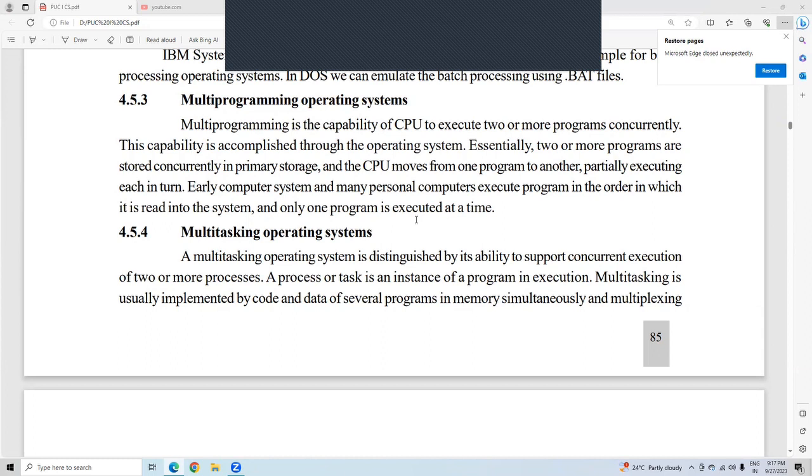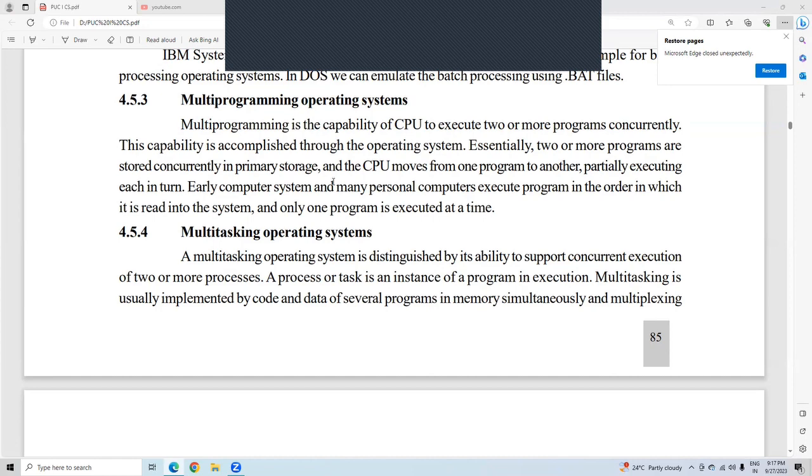Multitasking operating system is distinguished by its ability to support concurrent execution of two or more processes. See here, multi-programming is different from multitasking. Multi-programming is where more than one program will reside at the same time in memory, and the execution of those multiple programs is handled by the multi-programming operating system.